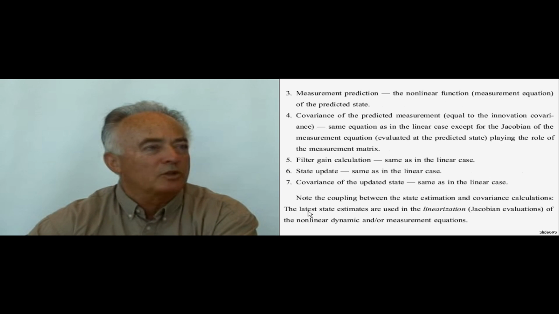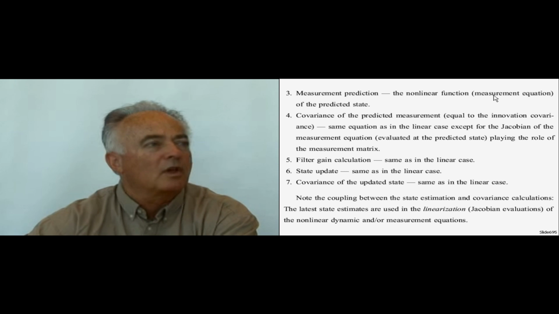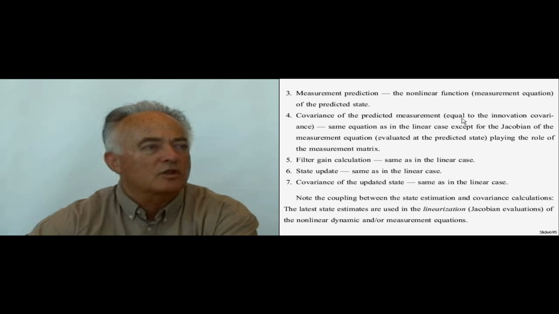The measurement prediction is done using the nonlinear function of the predicted state. So that is given by the measurement equation. And the covariance of the predicted measurement, which is really the same as the innovation covariance, would use the same equation as in the linear case, again with the exception that the Jacobian of the measurement equation, which has to be evaluated at the predicted state, will play the role of the measurement matrix.